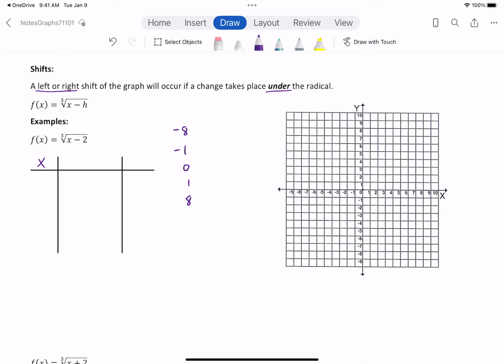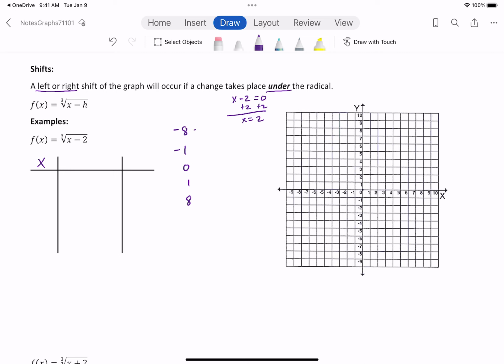So this time, probably the easiest thing to do is just the same thing we did with the square root. Take what's under your cube root and set it equal to 0. Basically what that's doing is telling you the shift, right? That's how much the graph shifted.